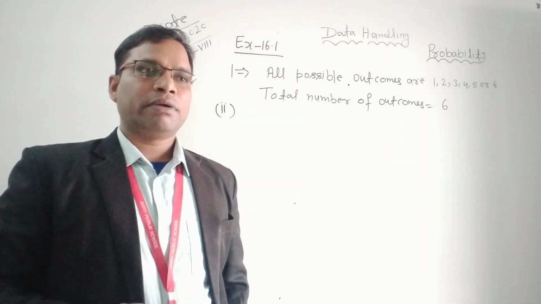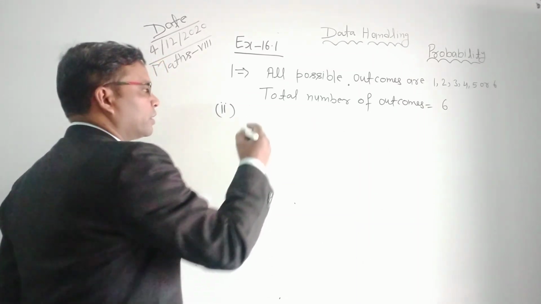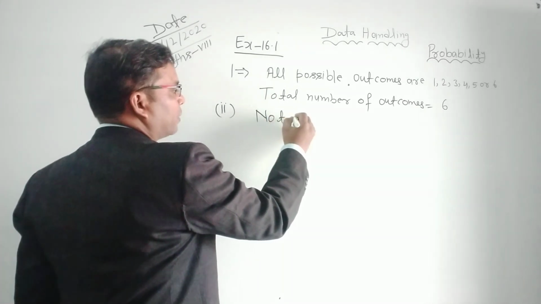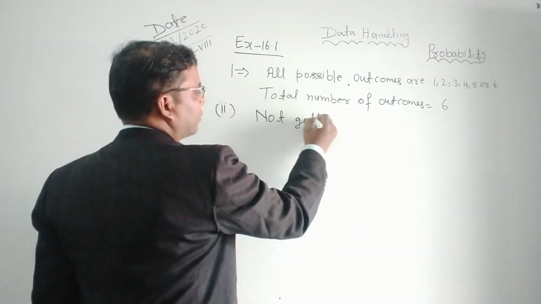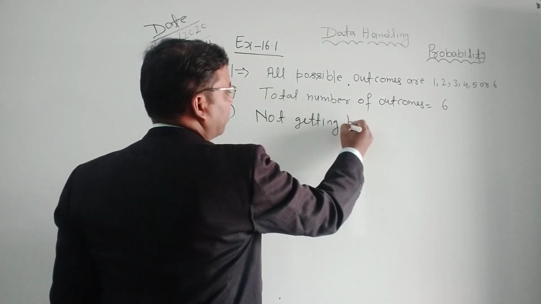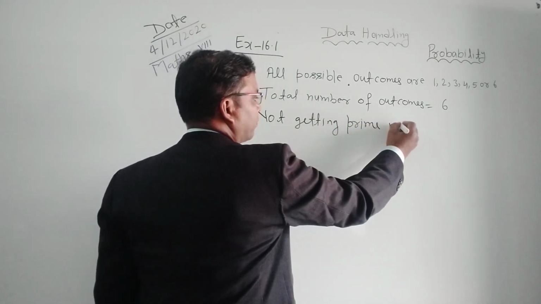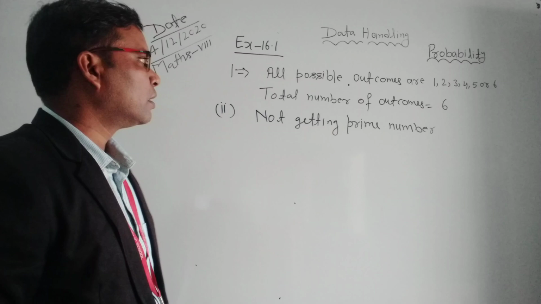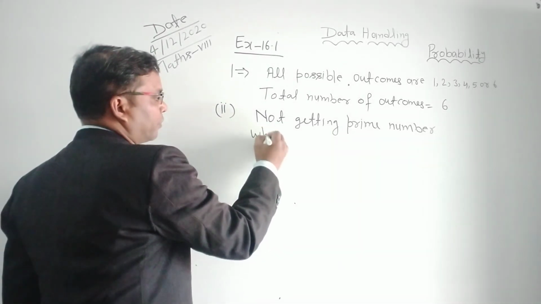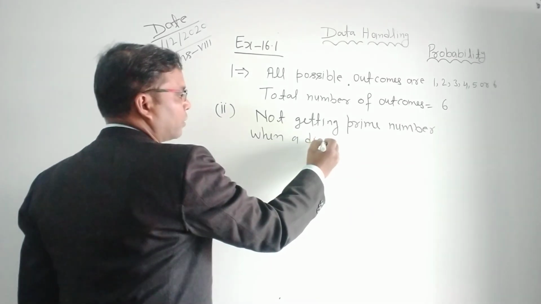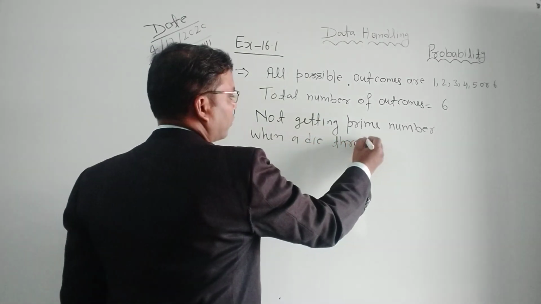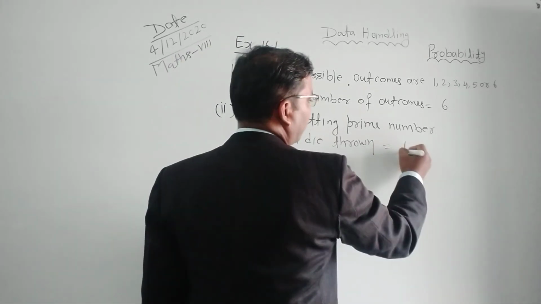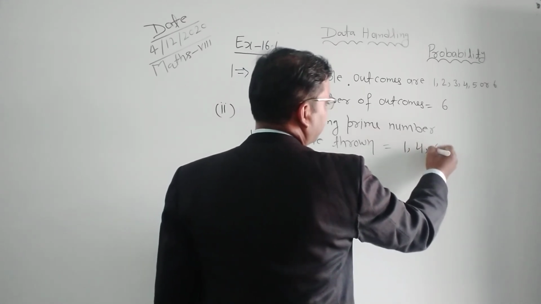So here our favorable outcomes. Number of favorable outcomes, first write here: not getting a prime number when a die is thrown, is equal to 1, 4, 6.